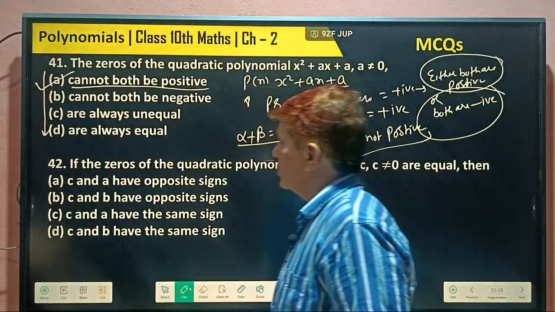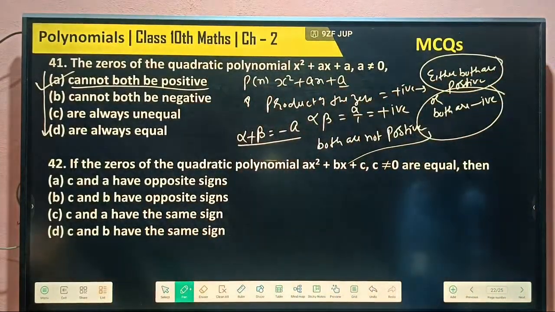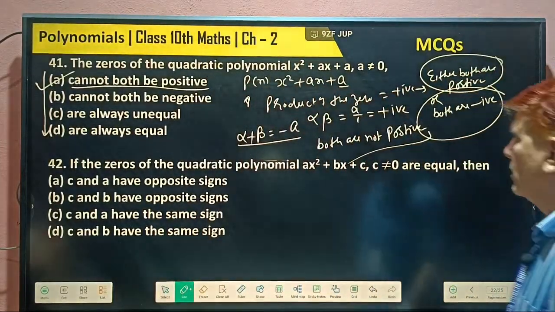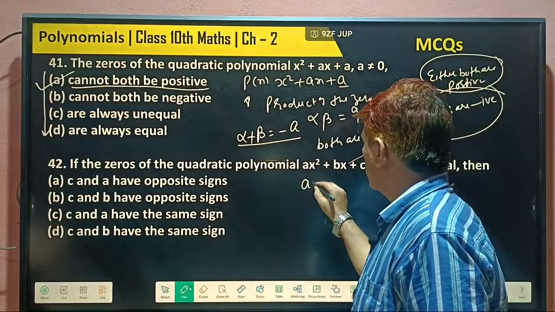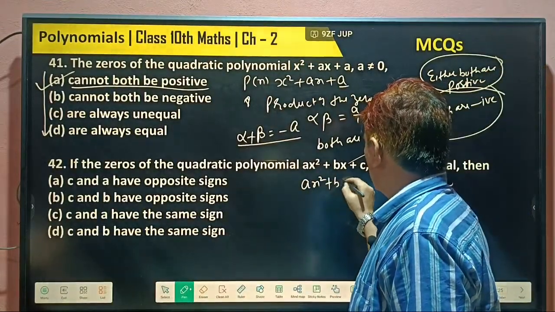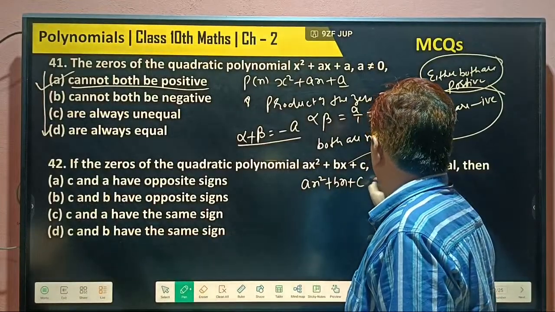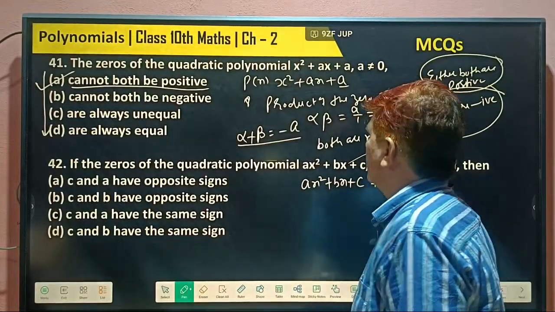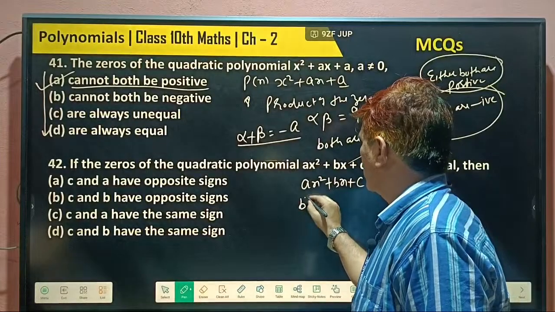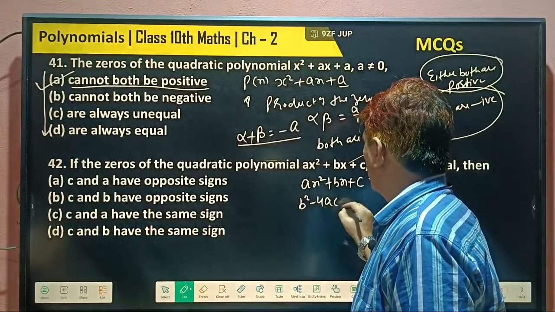That's why. Once more, it is given: if the zeros of the quadratic polynomial ax square plus bx plus c, c not equal to 0, are equal, meaning b square minus 4ac.